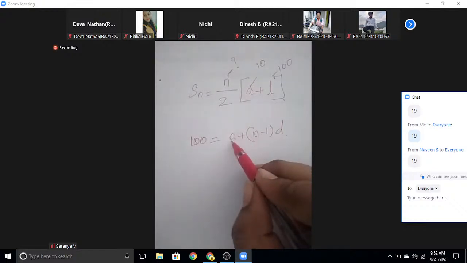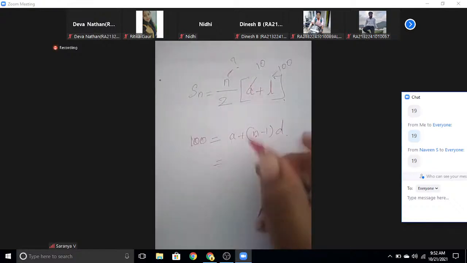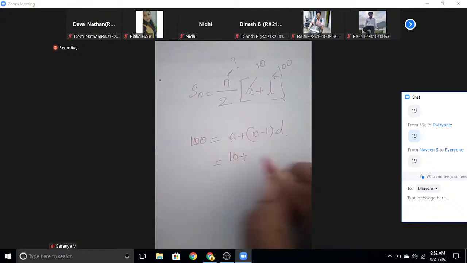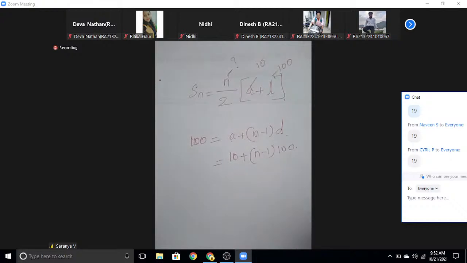Yes, the first term is 10, n minus 1, and the last term is 100, which is equal to 100. Can you find the value of n now? Sorry, 5.